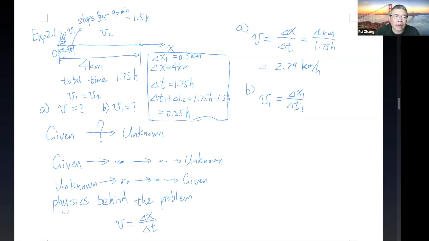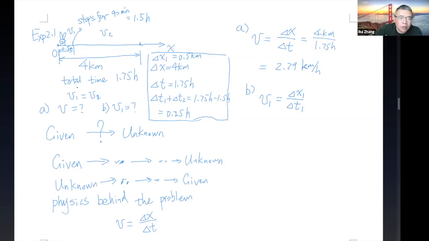This may make you feel like you're stuck here, because you don't know delta t1 and cannot go anywhere from there. But let's try the other direction: go from what is given to the unknown. We don't know delta t1, however, we do know delta t1 plus delta t2. And what does that help?